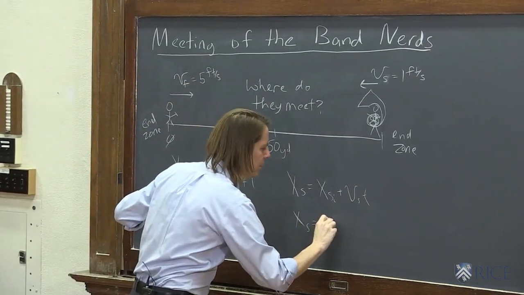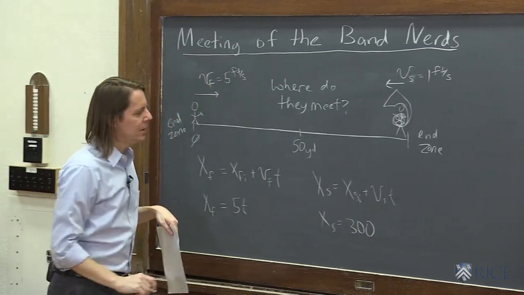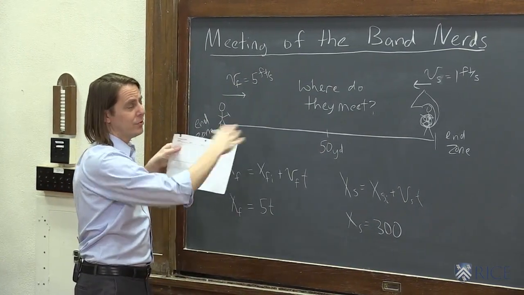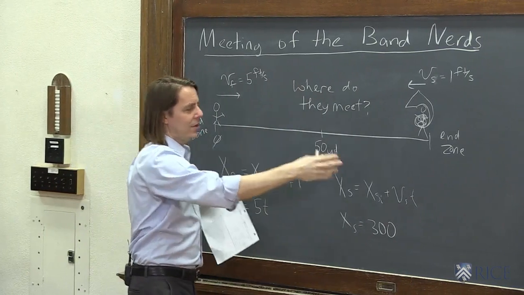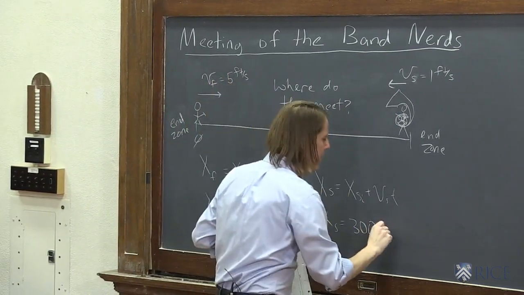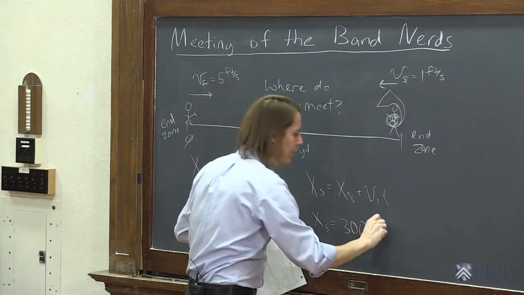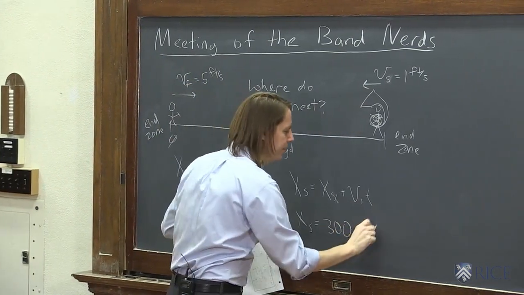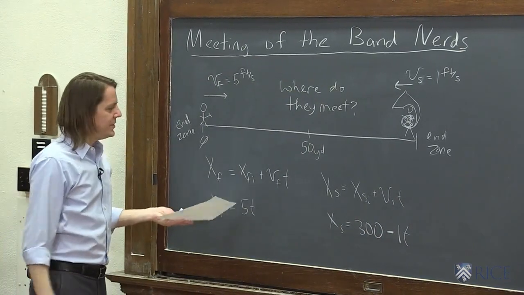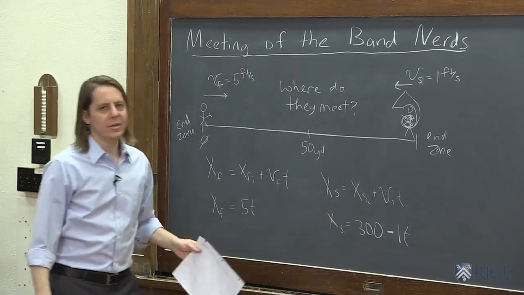So their initial is 300, and then their velocity is actually backwards, right? If these are vectors in 1D, the V_S would be the vector component, but it is negative because it's this way. So minus 1, times time. So there's the two equations that describe their motion, 5t and 300 minus t.